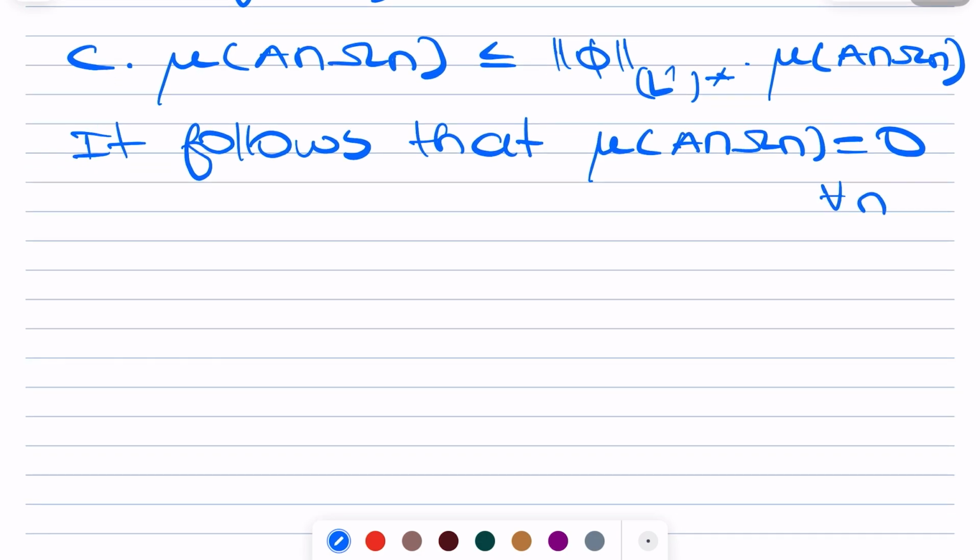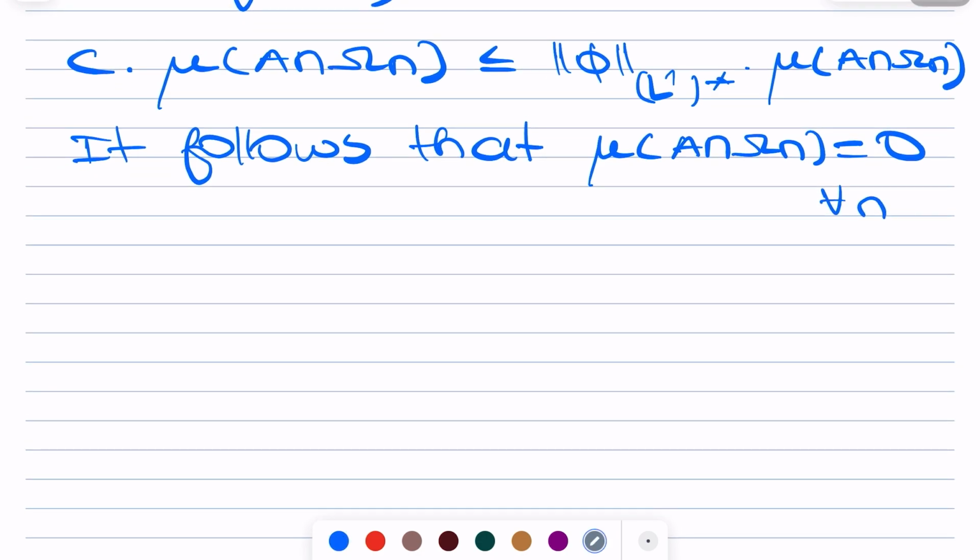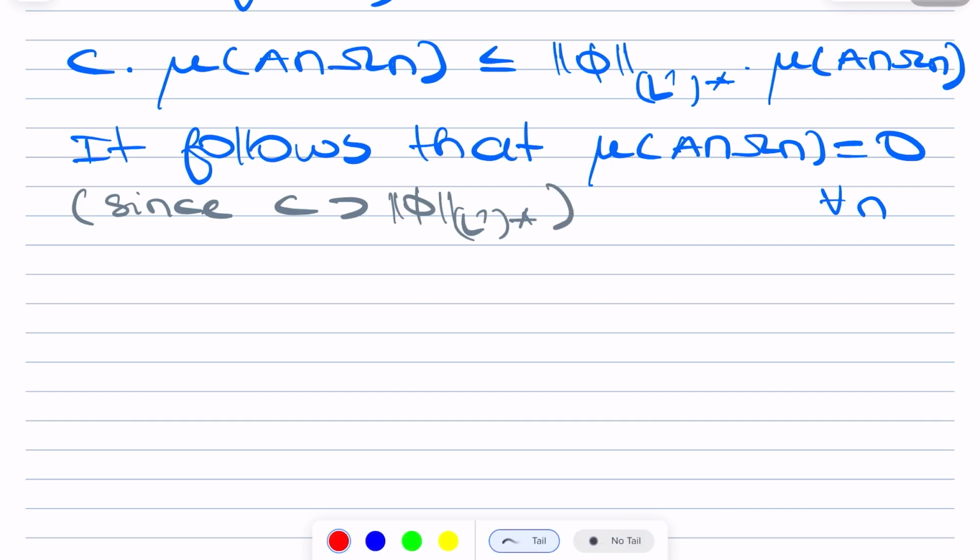This is because C is assumed to be strictly greater than the operator norm. So instead of having this, we should rather have greater equal, because this is assumed to be greater than this. So if this inequality holds, then necessarily this is 0.